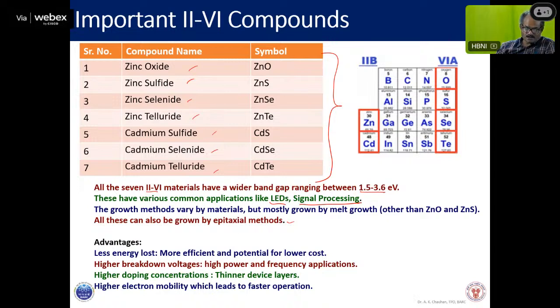Their advantage is that there is less energy loss, so they are more efficient and have potential for lower cost. Therefore, because they are more efficient, they show higher breakdown voltages, and higher power and frequency applications.